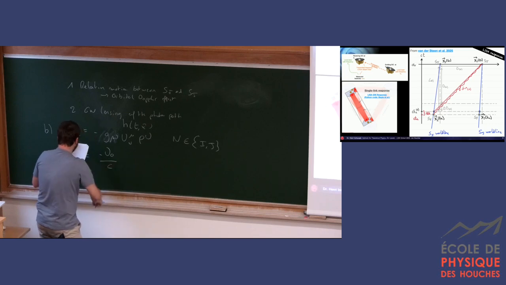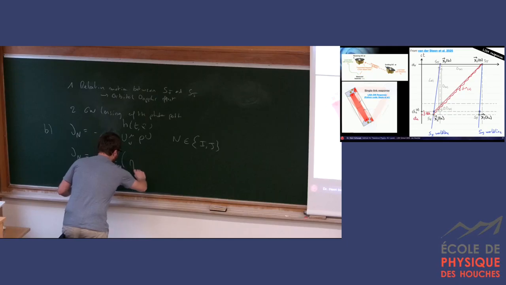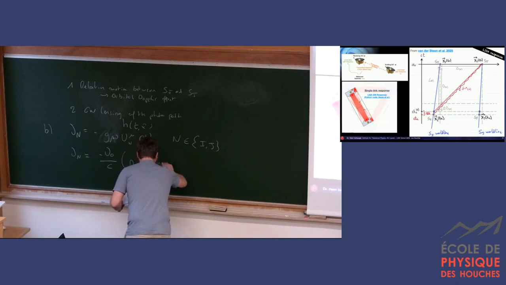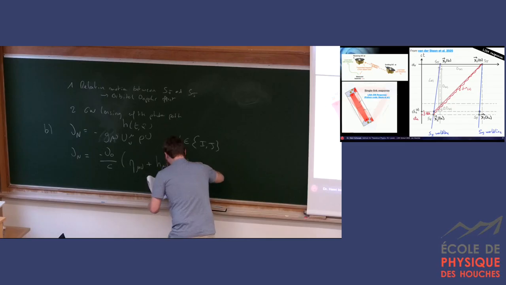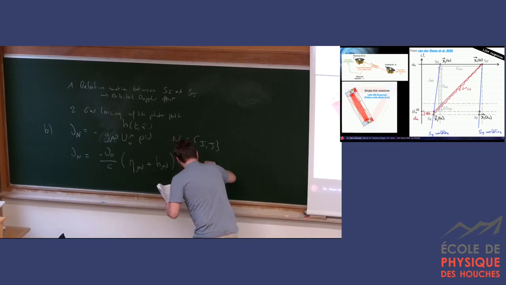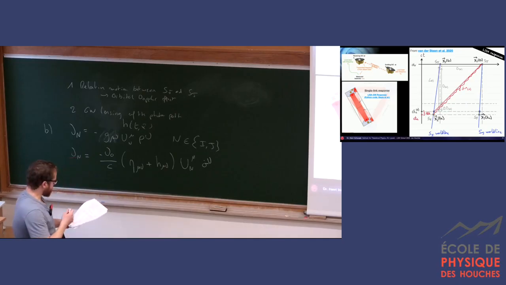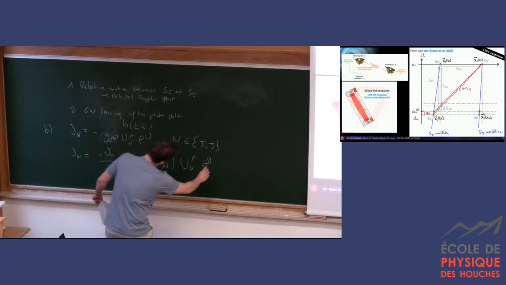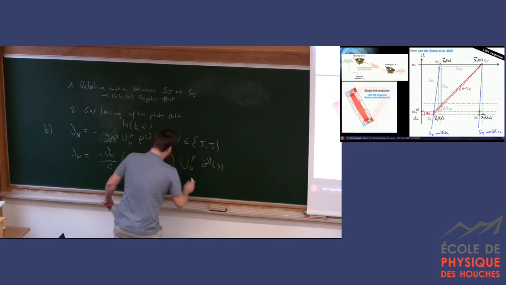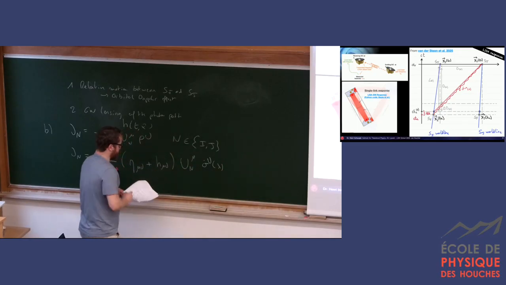I'm going to explain what nu zero is here. You can decompose a metric between Minkowski and a perturbation of Minkowski, which is your wave. You keep the four-velocity of your spacecraft, and you introduce the tangent vector along your null geodesics, which is a function of lambda, the position along your geodesic.